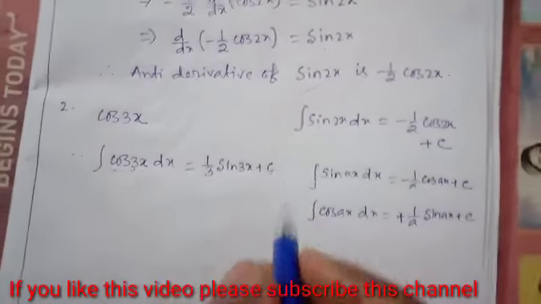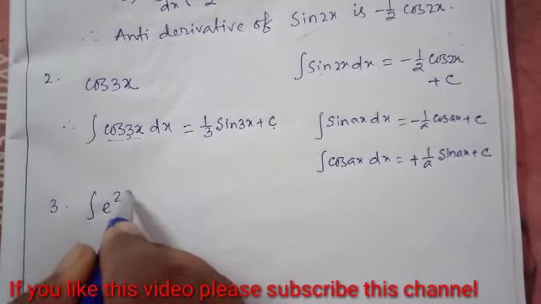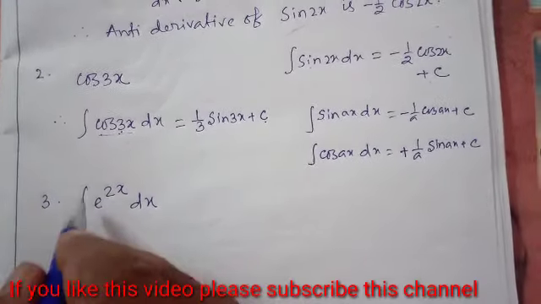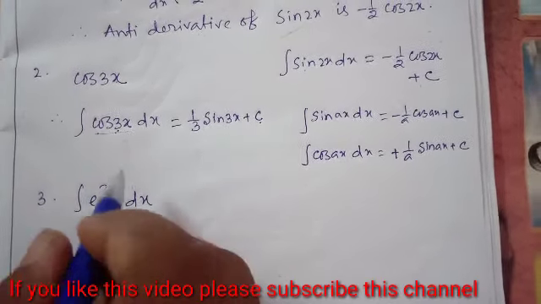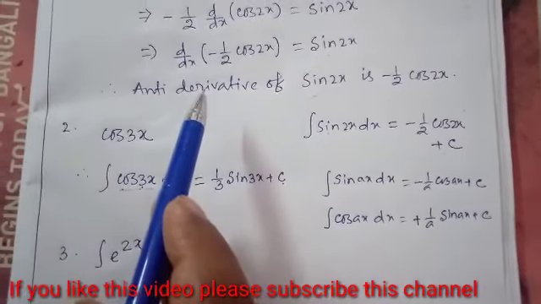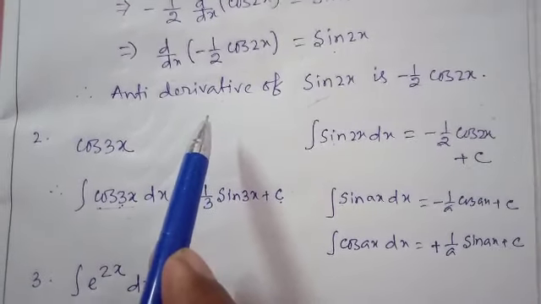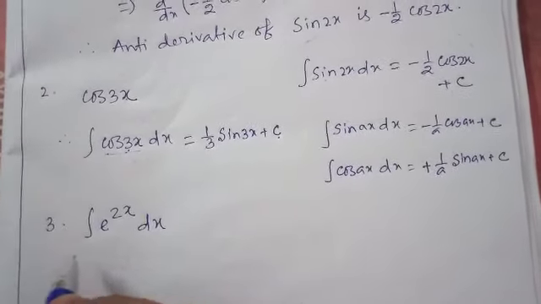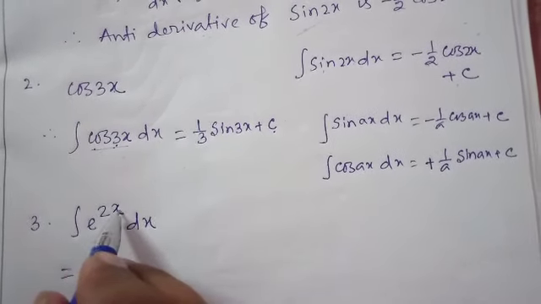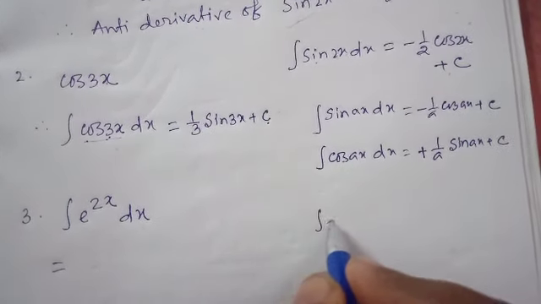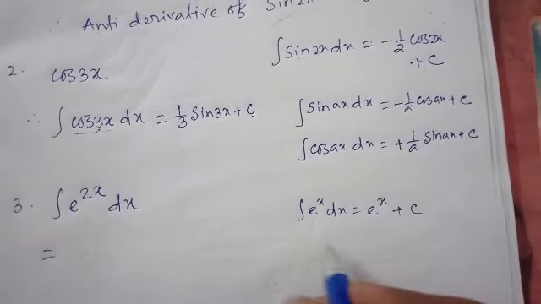Next, question 3, the integration of e to the power 2x dx. This one is actually given in your book by the method of inspection, which I already discussed with one sum, so you can solve it by that method. So what is its integration? The same kind of formula: the integration of e to the power x dx equals e to the power x plus c.